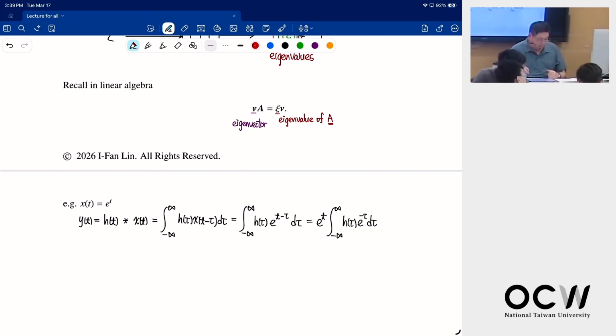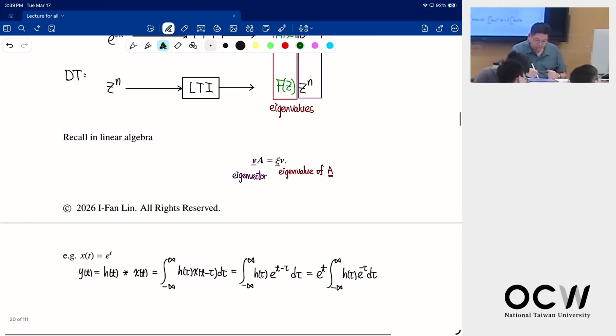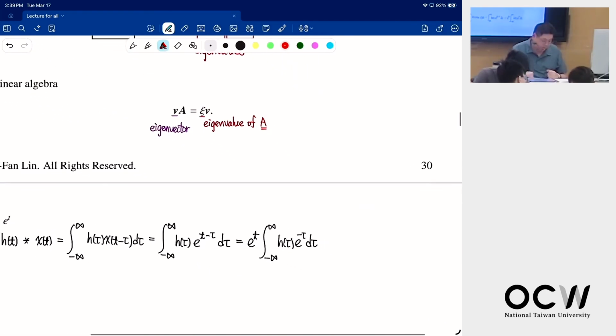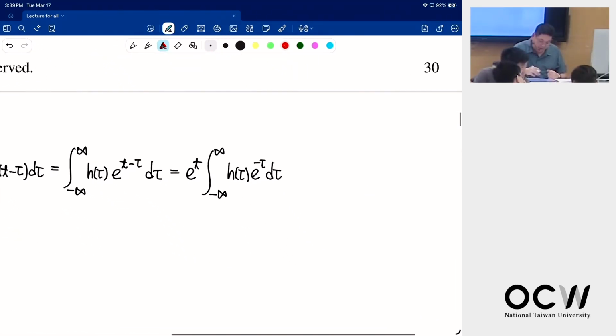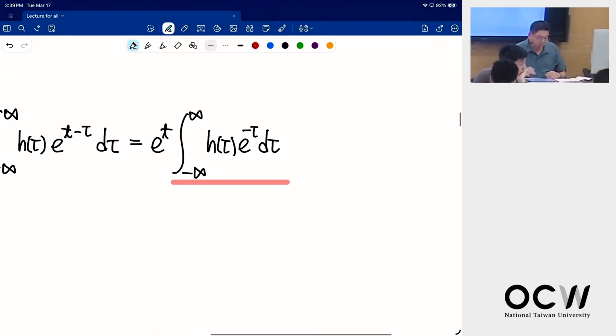And for your output, let's see, what is the integration? After the integration, this integral will be just a number.